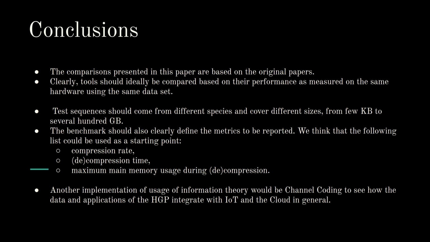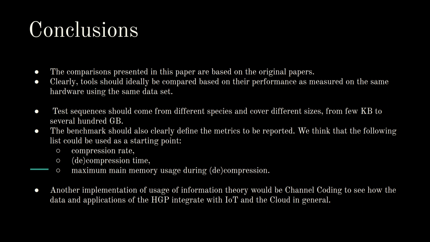Now coming to conclusions, the comparisons in this paper are based on the original papers, and the issue with the original papers is that the researchers were using different sets of tools and different hardware to measure their performance, such as time or disk space or whatever they are measuring.